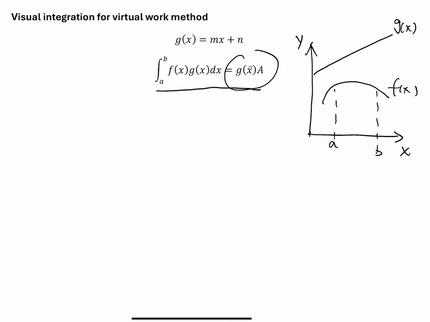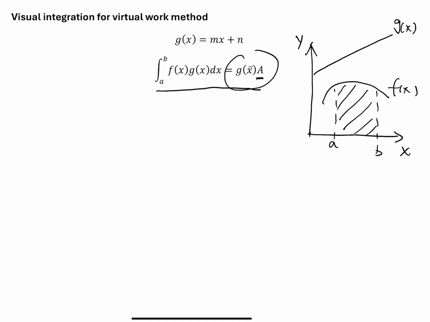From this expression, if we do an integral from a to b of f(x) g(x), A is the area under f(x) from A to B, and x bar is the x coordinate of the centroid point of the area A.